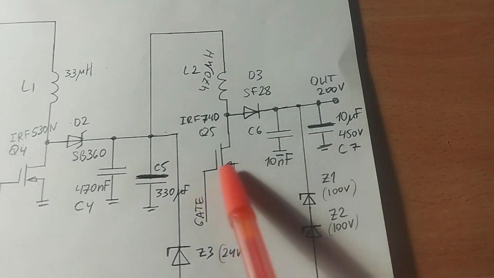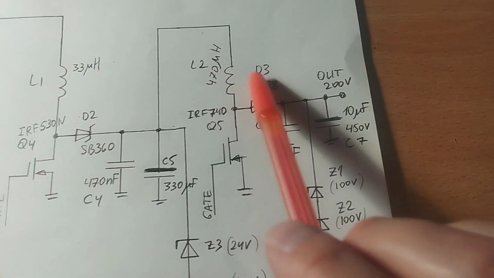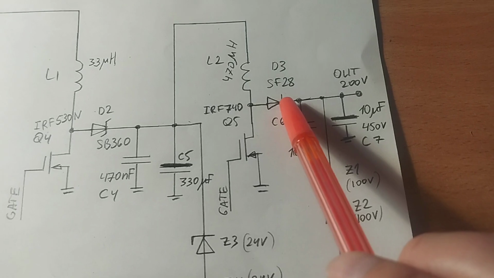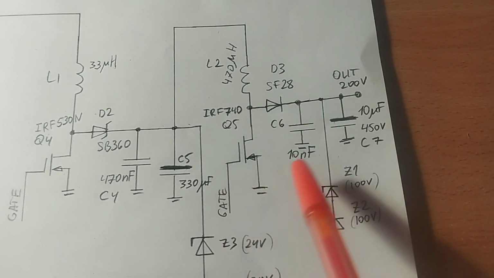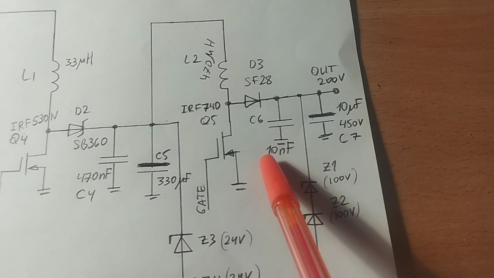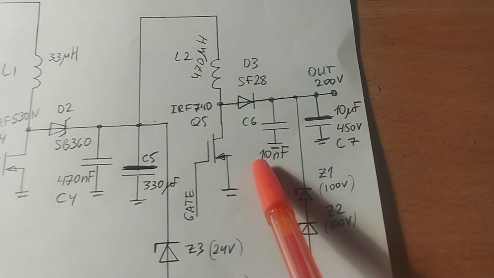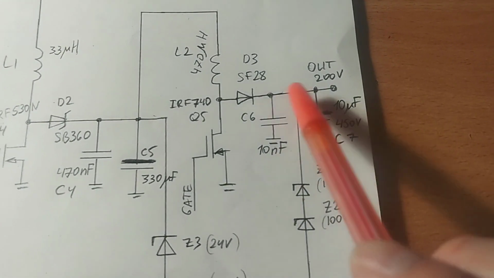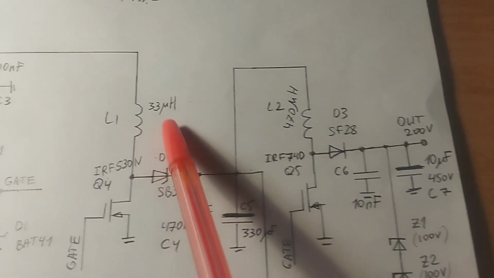The second stage is the same as the first, but here we have a fast switching diode and two capacitors, one with small capacitance to reduce high frequency spikes and one electrolytic capacitor. Here we have two coils.